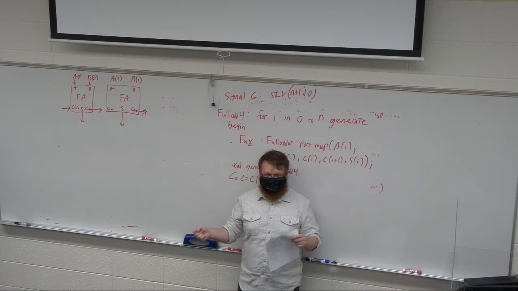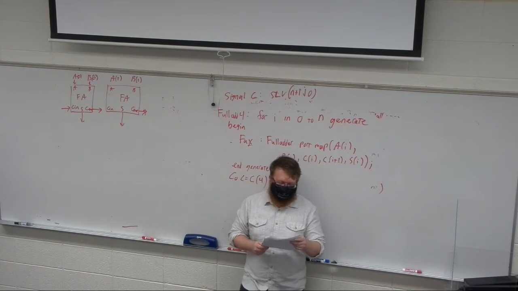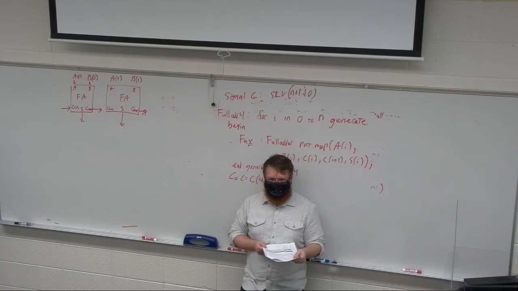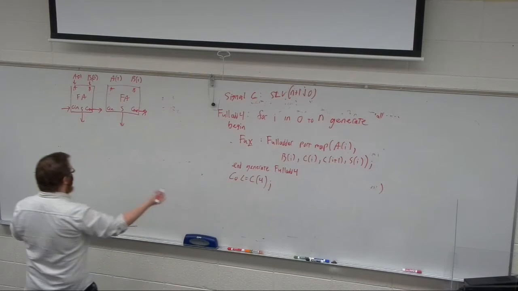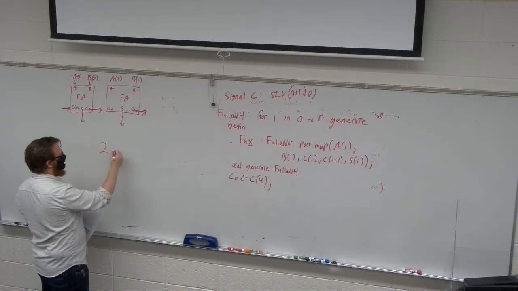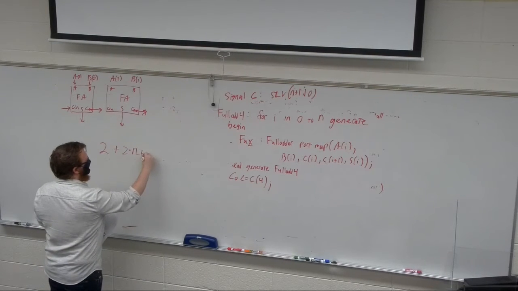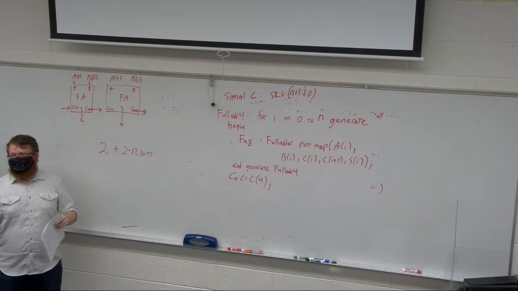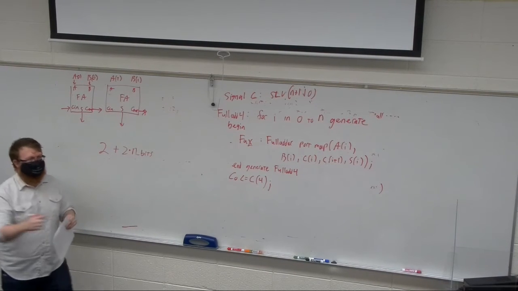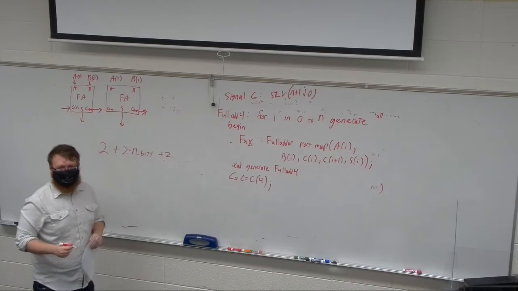But the book has a table apparently that I missed, that is wrong as far as I can tell, because it lists specifically on the 4-bit ripple carry, it listed as 8, which I don't know what they were doing, because there's literally just an equation where you say it is 2 plus 2 times the number of bits, and then if you worry about the carry out as well, it gets another 2 gates.